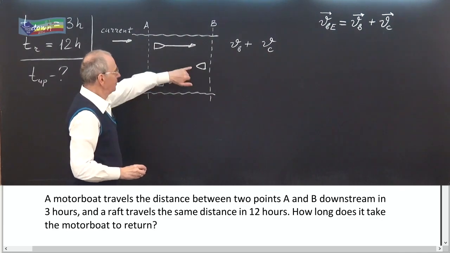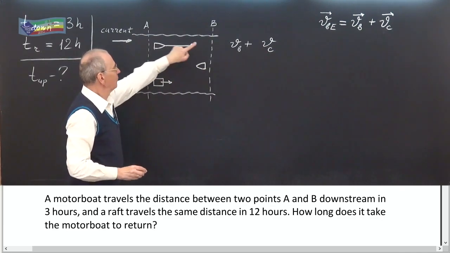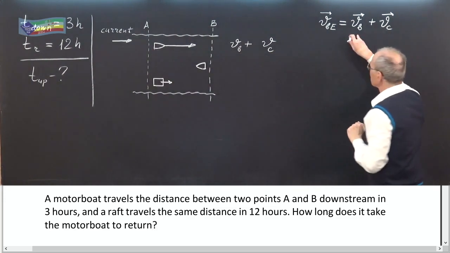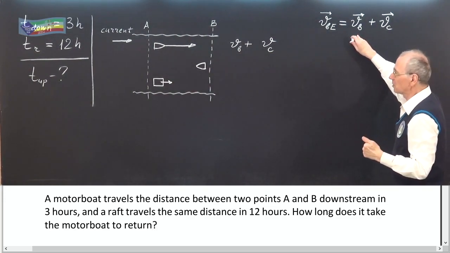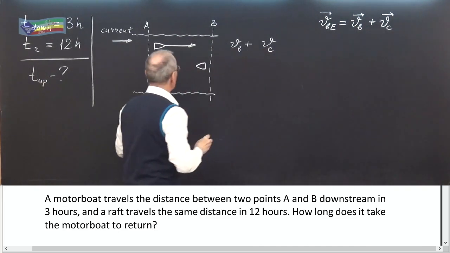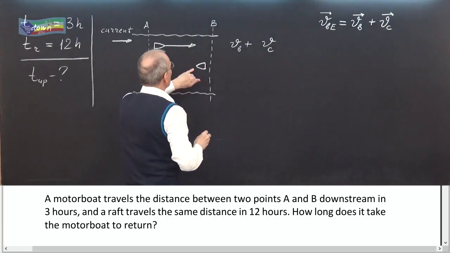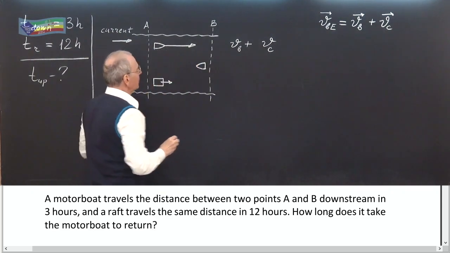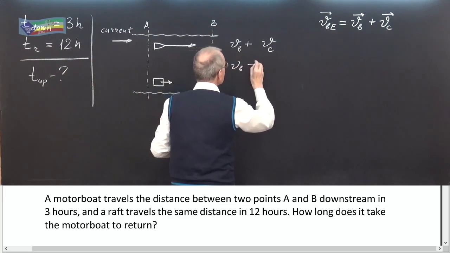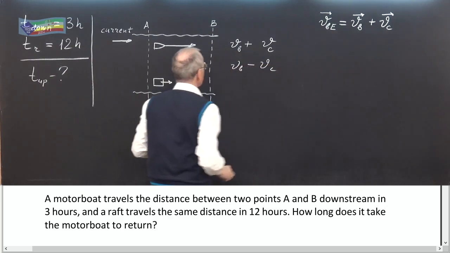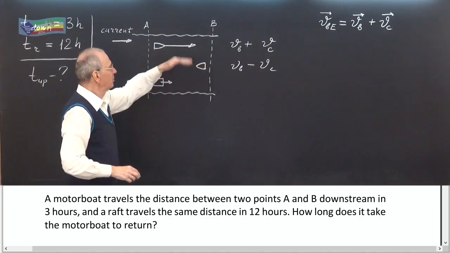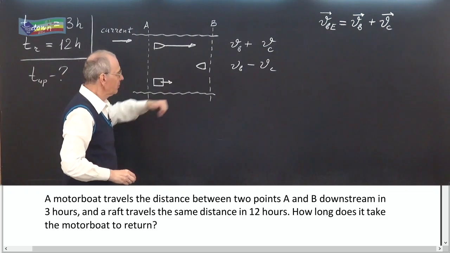When the boat returns from B to A, the velocity of the boat is in opposite direction, so the speed of the boat on the return equals V boat minus V current. This is speed relative to the bank of river, to the Earth.